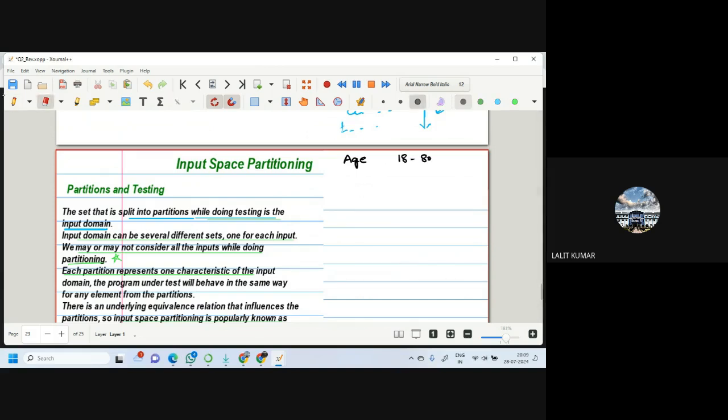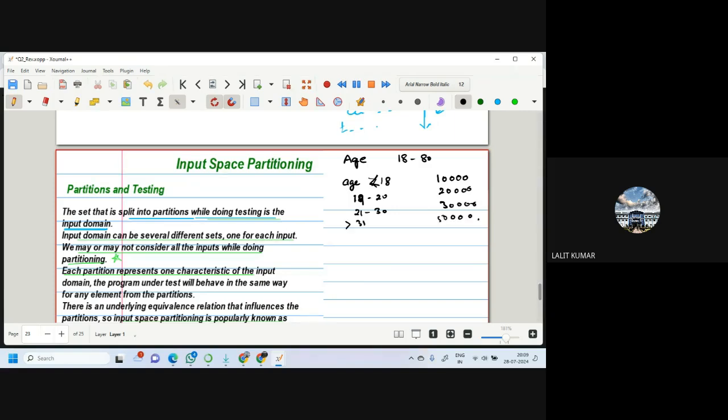And there are certain conditions. If age is more than 18, then you will get 10,000, for example. Age is 18 to 20, you will get 20,000. 21 to 30, 30,000. 31 and above, you get 50,000.